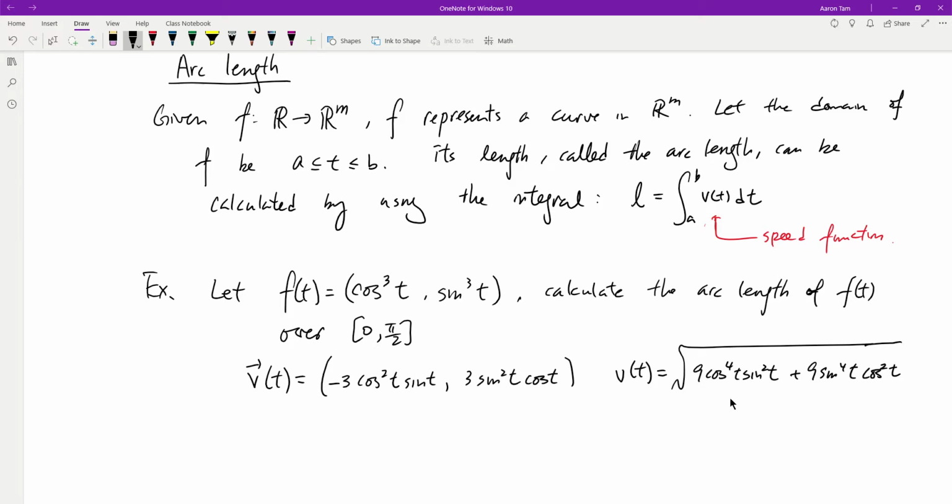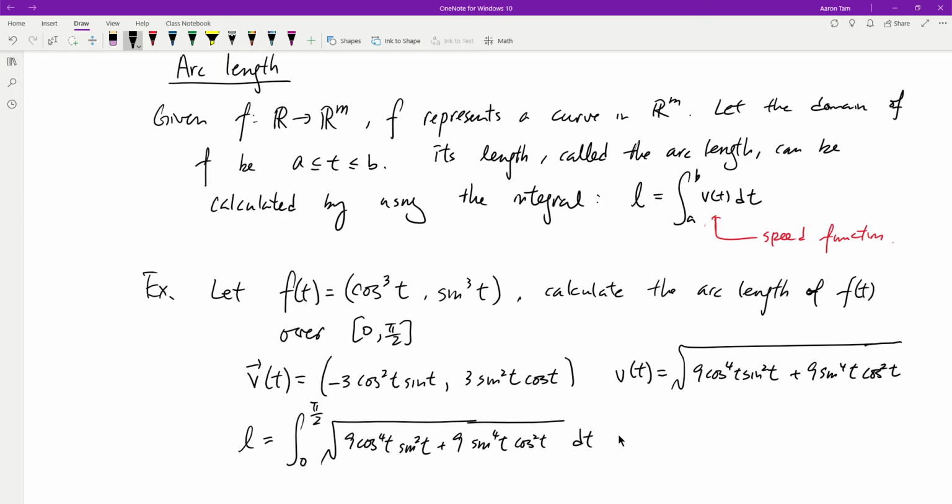So now this actually can be simplified to something rather easy, and you can actually evaluate this integral by hand. But in this case, I'm just simply going to let you solve the integral using your calculator. So if you take the integral from 0 to pi over 2 of the square root of 9 cosine to the fourth t sine squared t plus 9 sine to the fourth t cosine squared t dt, you can simply take out your trusty little calculator and type that in to find the answer.